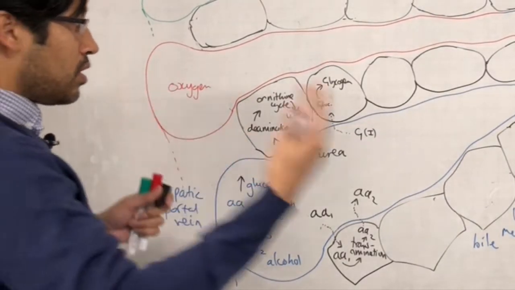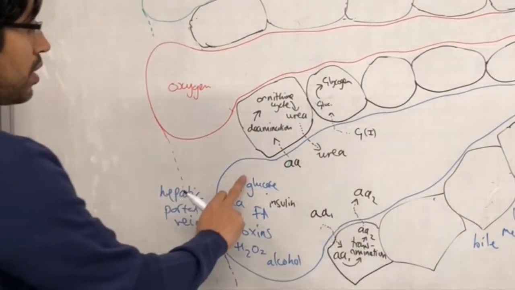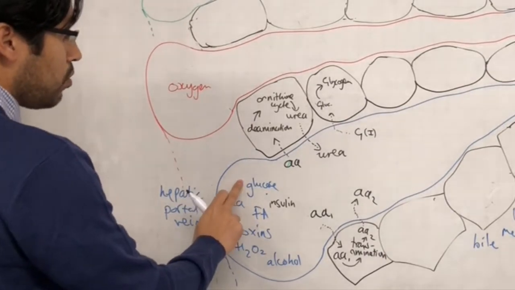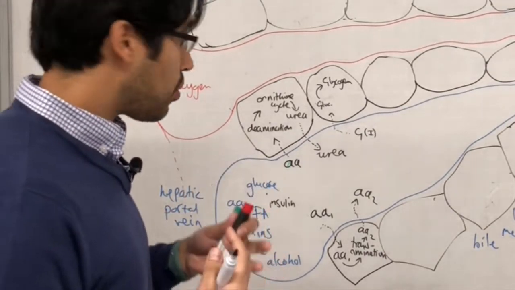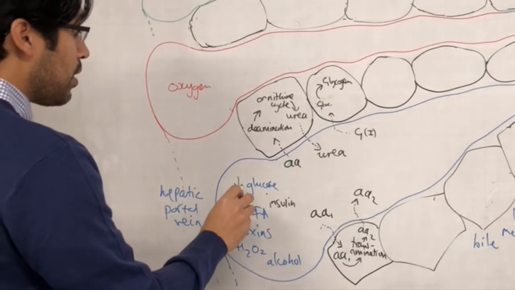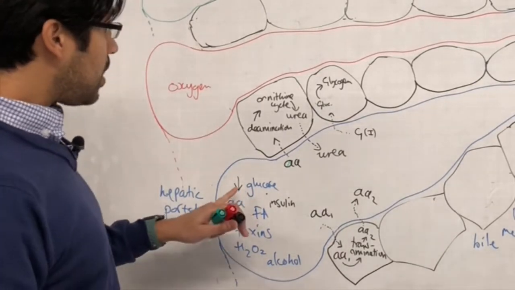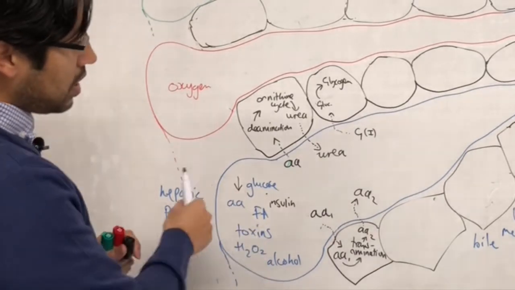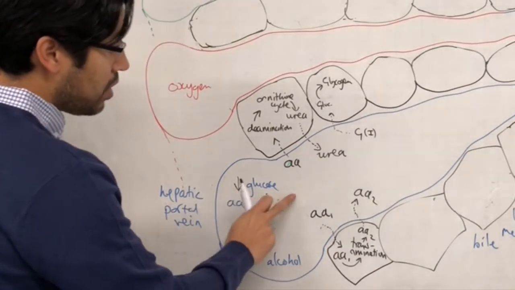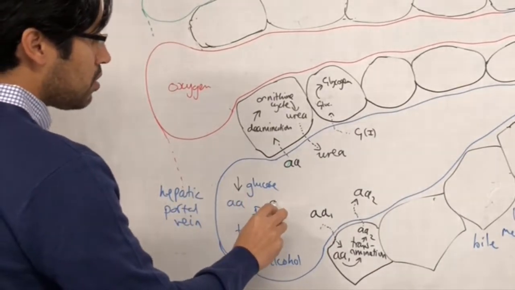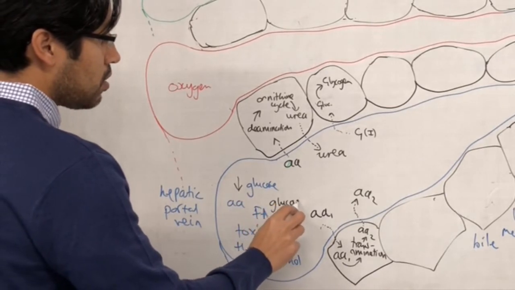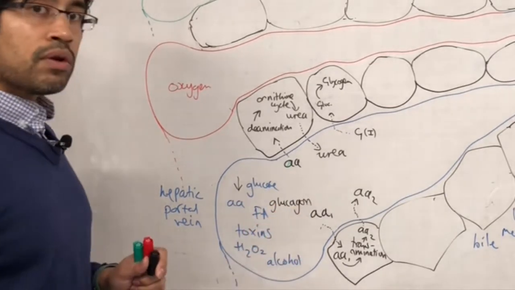However, the opposite situation could also happen. Maybe blood glucose levels are low. Okay, and in that case, we wouldn't have insulin in the blood. We would have glucagon.